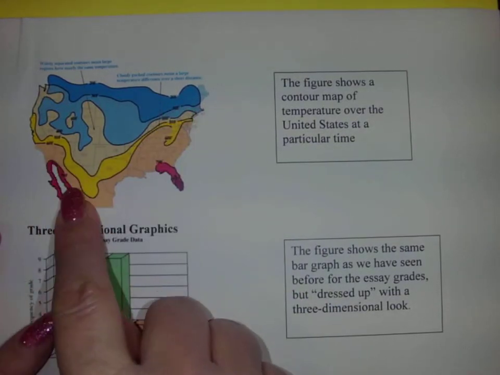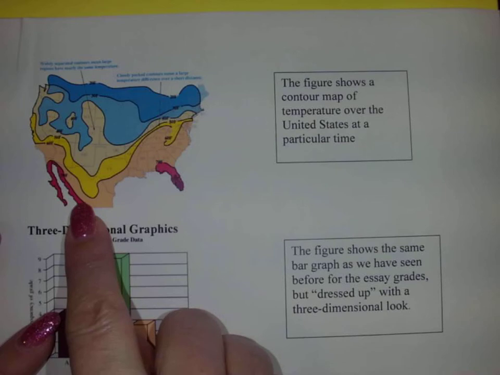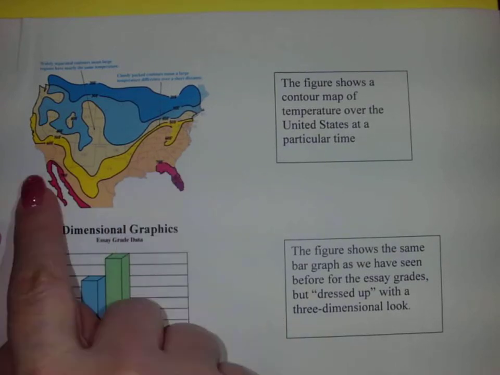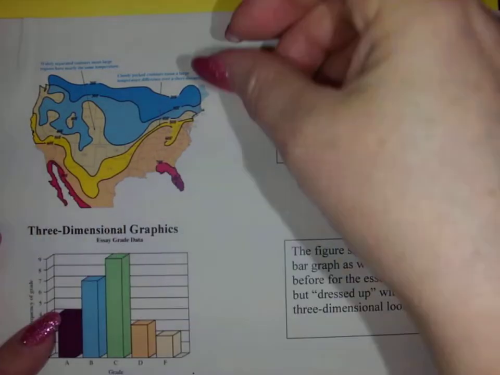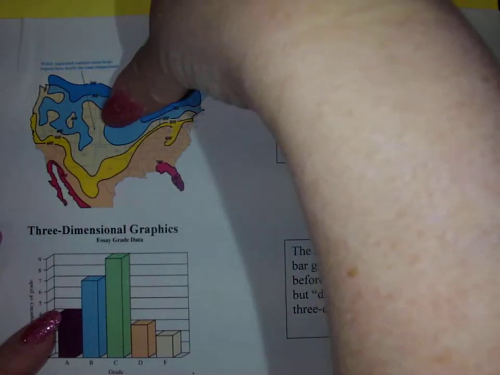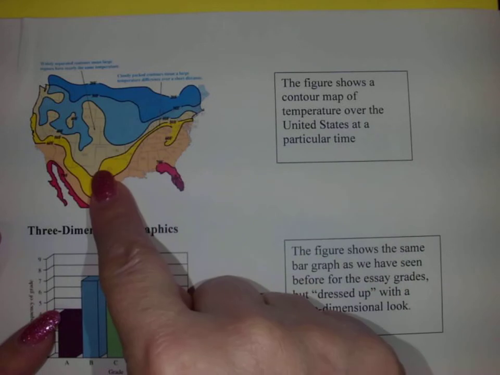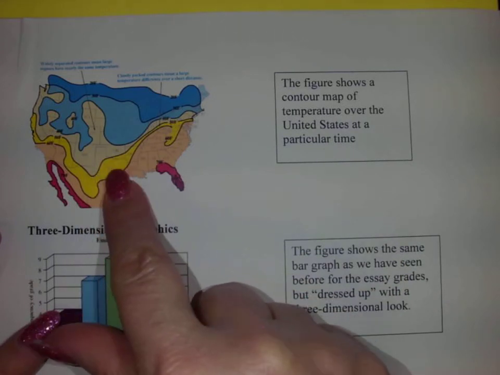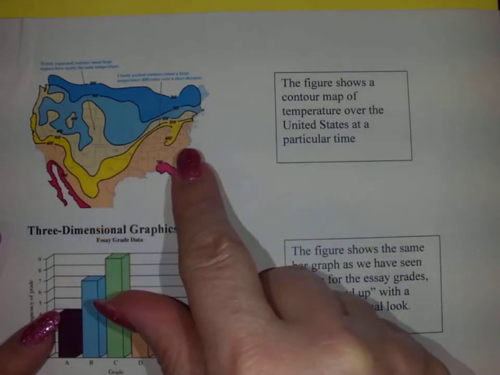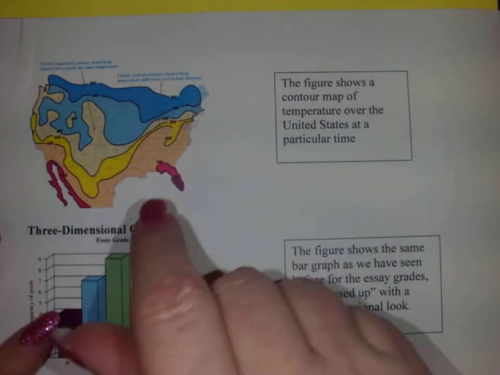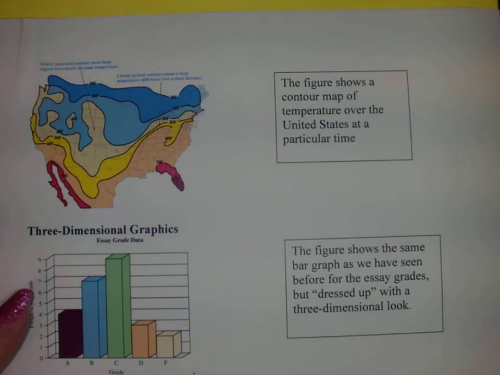But I notice in the bottom, temperatures are only running about 70 degrees, a little over 70 down here. And it's going from like 20s to 30s. Your 40s are in your beige, and then 50s are yellow, 60s here, and then the 70s and above. So that just shows you how the temperatures go.